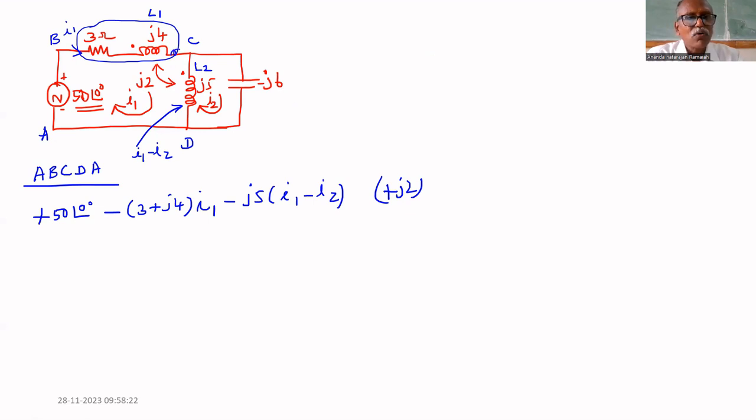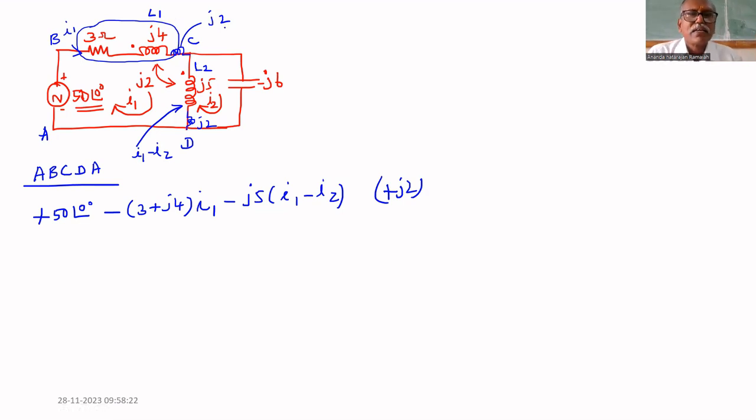Here one mutual inductance j2 is there, and another mutual inductance is here, also j2. This j2 is because of L2, and this j2 is because of L1. Am I correct or not?